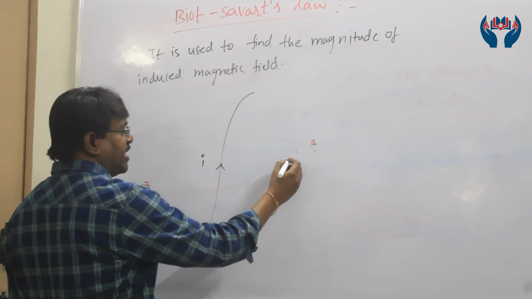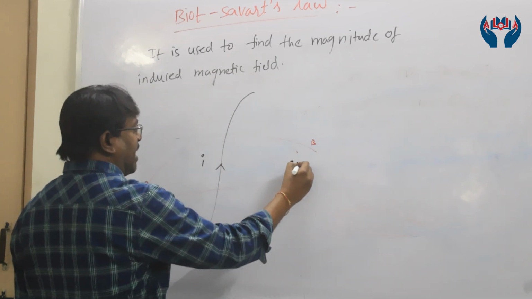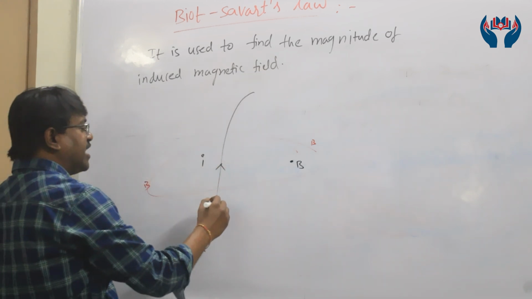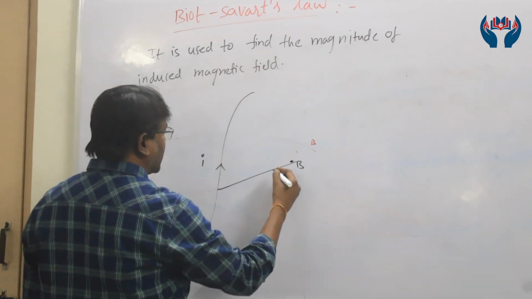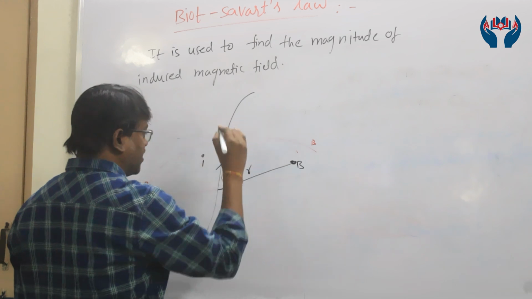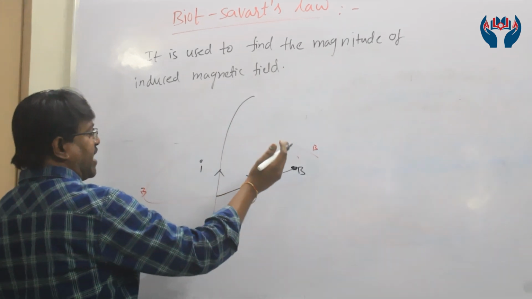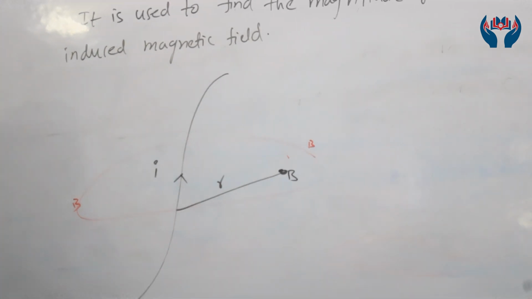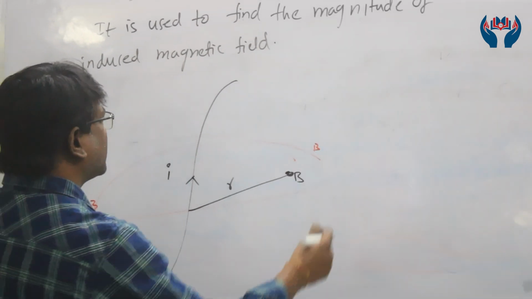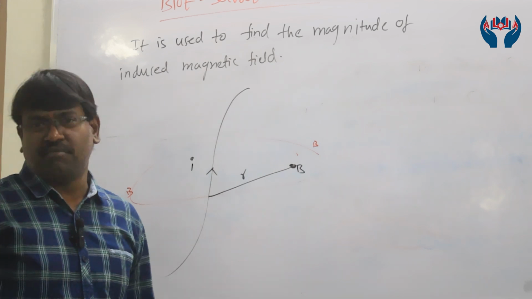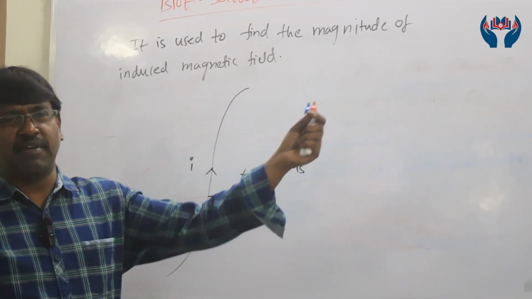Now consider one point, at a distance r from the current carrying conductor, where we have to find the magnetic field. The conductor may be kilometers or miles long, very long.